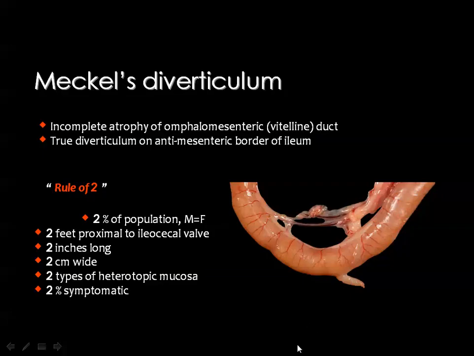Many of the books will state this rule of two: 2% of the population is affected by Meckel's diverticulum, and this diverticulum occurs about 2 feet proximal to the ileocecal valve. This diverticulum is about 2 inches long and 2 centimeters wide, and it contains 2 types of heterotopic mucosa, particularly the gastric and the pancreatic mucosa.